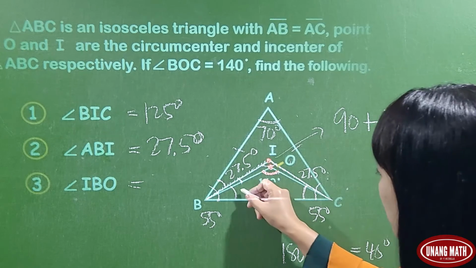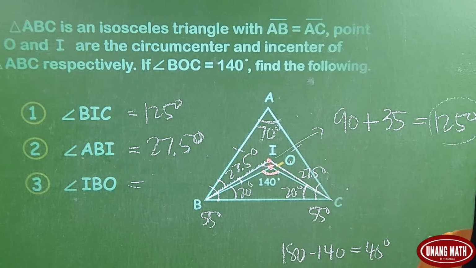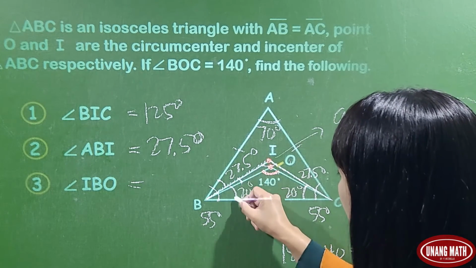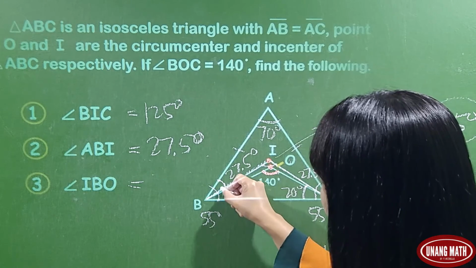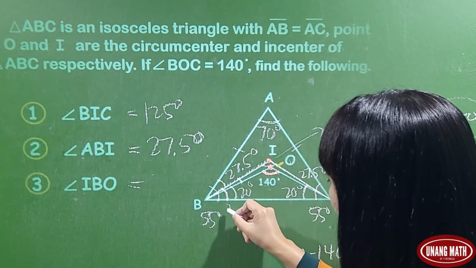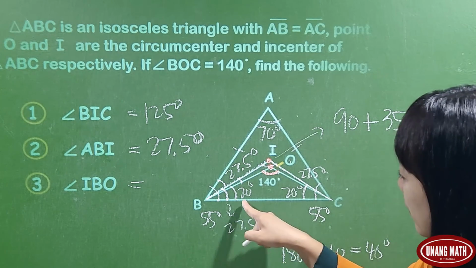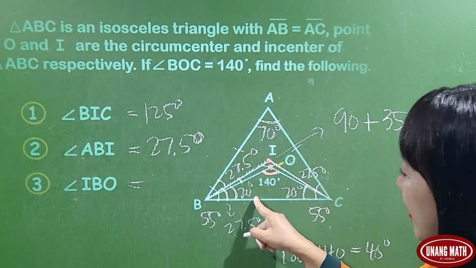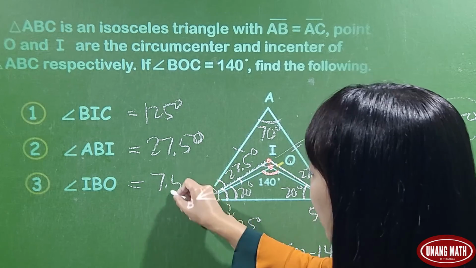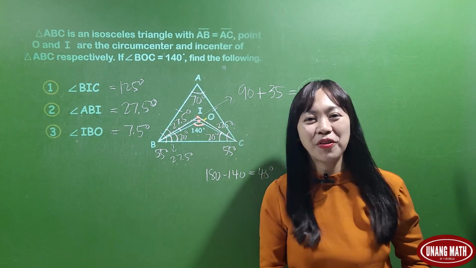Divide by 2, then this is 20 degrees, and this is also 20 degrees. Finally, IBO: this is the angle bisector, 27.5 degrees. So 27.5 degrees minus 20 degrees to get the measure of angle IBO, and that would be 7.5 degrees. So angle IBO is 7.5 degrees.